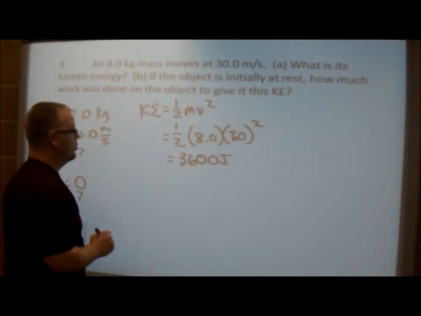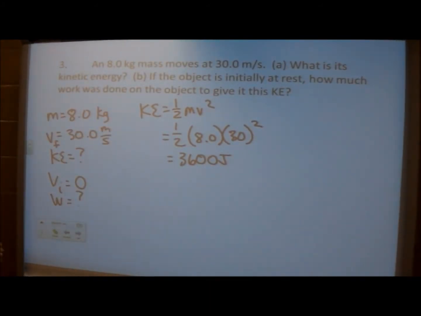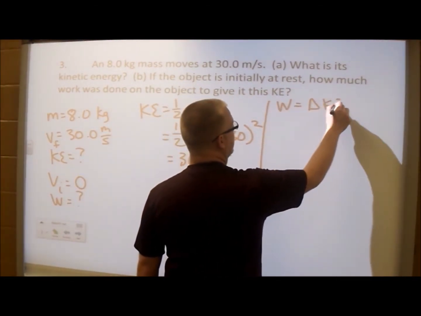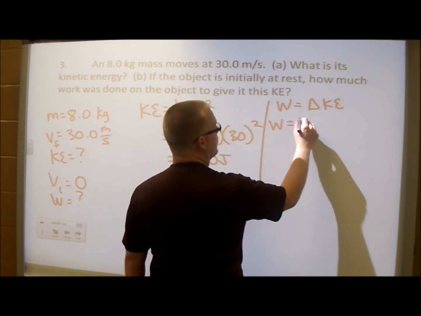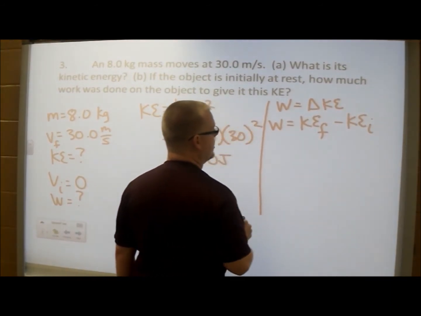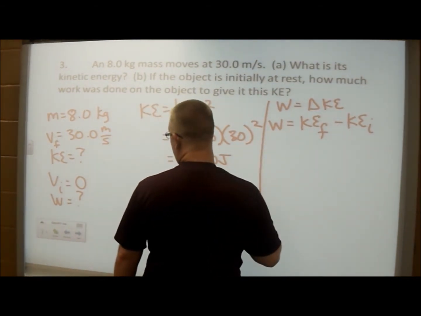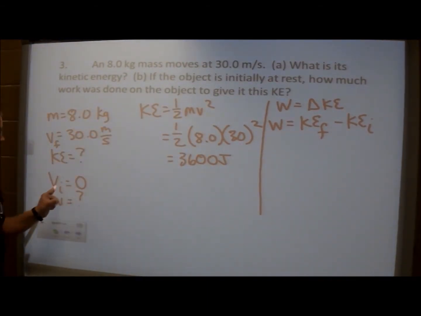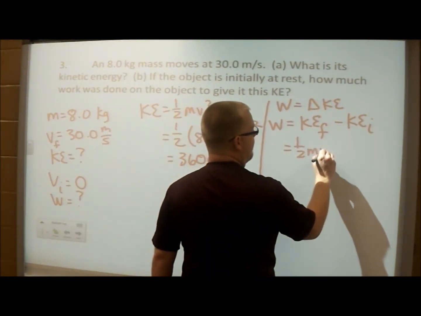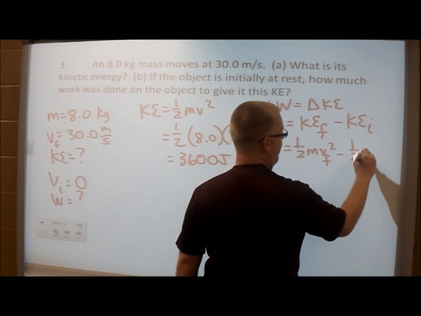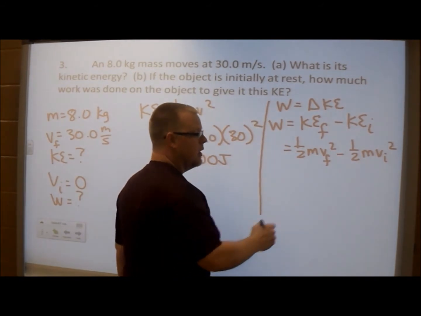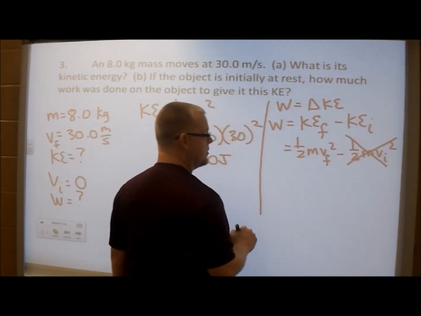3,600 joules. Now it wants to know what is the work. Well, from the work energy theorem, our work equals the change in kinetic energy. So that is the final kinetic energy minus the initial kinetic energy. Now, if the initial velocity was 0, we know that this portion becomes 0.